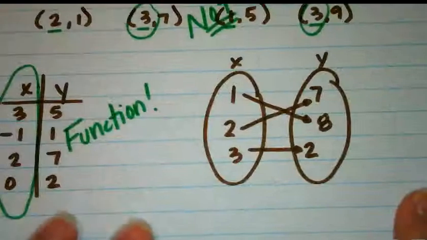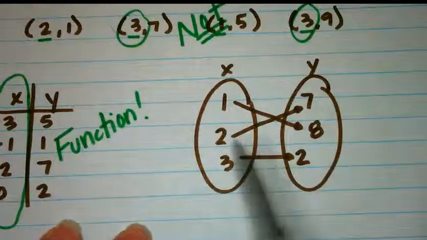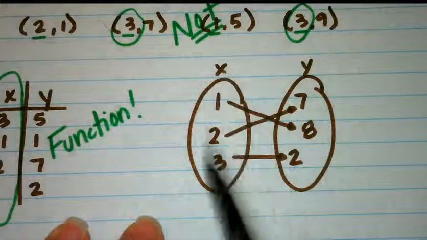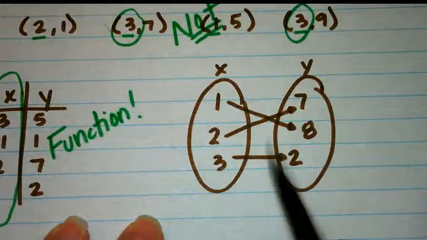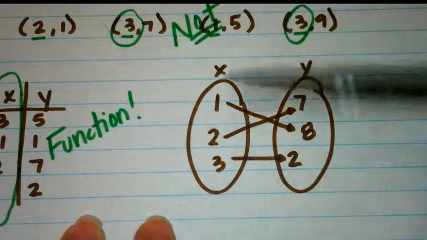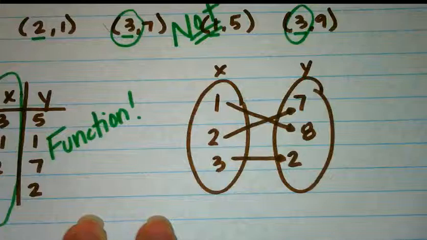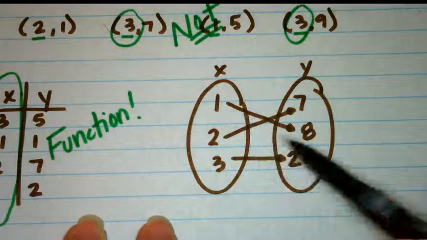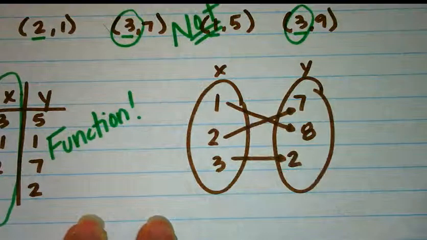This is a mapping. And a mapping usually has ovals. The first one is the X, the second oval represents the Y, and the numbers in the oval are the X's or the Y's, depending on which one they're in. And we connect the X and Y numbers with arrows.